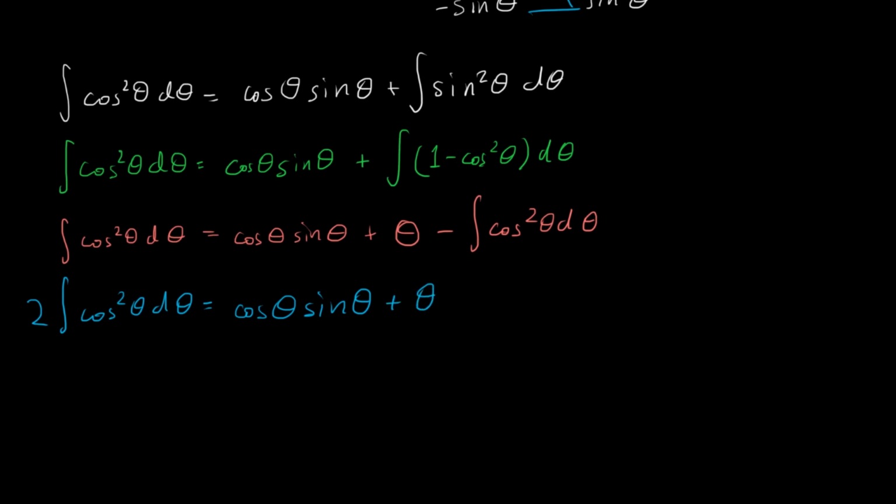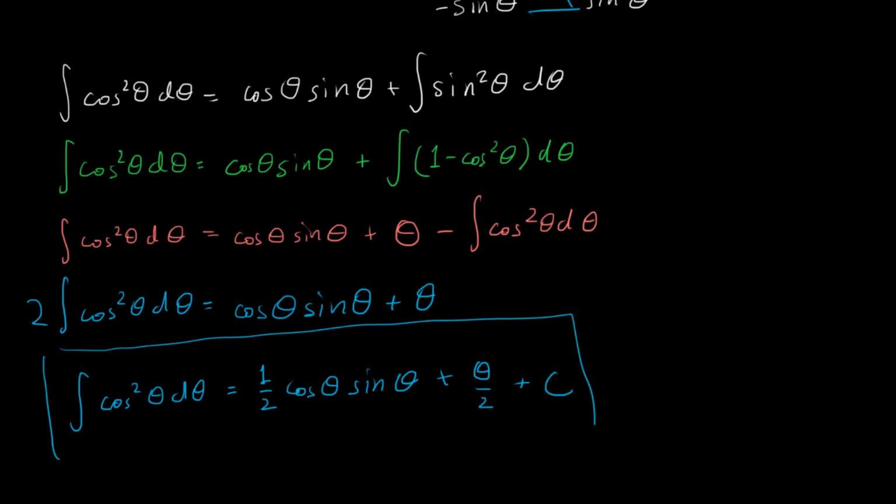And now finally we can just divide both sides by 2, which will give us our final answer: the integral of cosine squared theta d theta equals half cosine theta sine theta plus theta over 2 plus constant. And there we have our final answer.